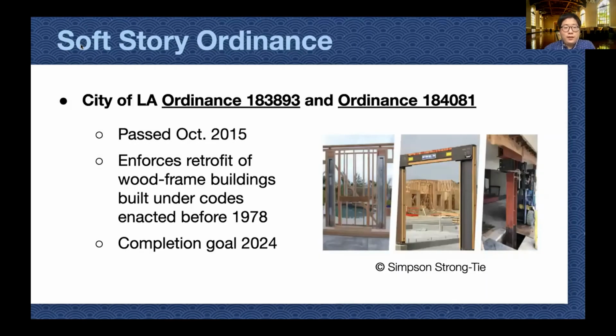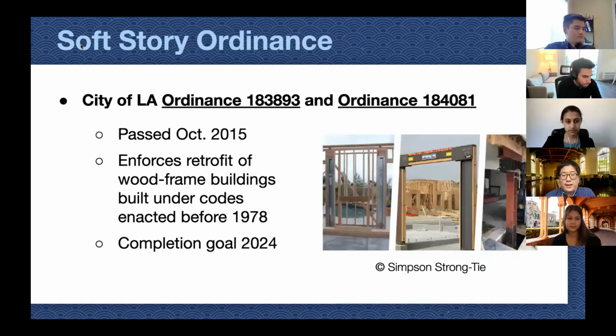The city of LA passed a citywide ordinance in October of 2015 that mandates that all soft story buildings built using codes passed before 1978 be retrofitted. There are a couple ways to achieve this retrofit, such as moment frames, special cantilever columns, and sometimes shear walls.